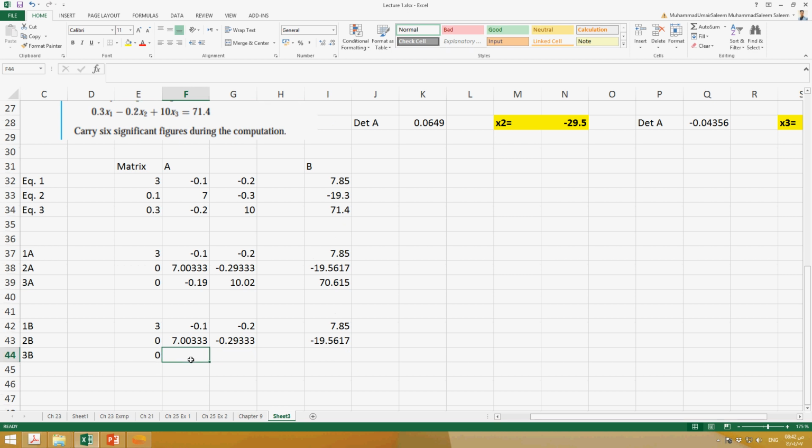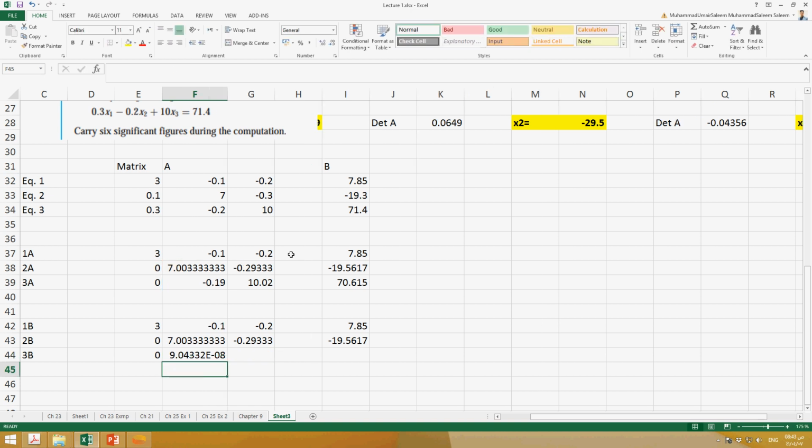Or if you want to do the direct operation, you can say here this cell minus this cell multiplied by minus 0.19 and divided by 7.00333.